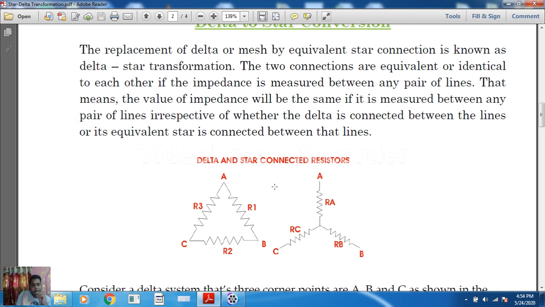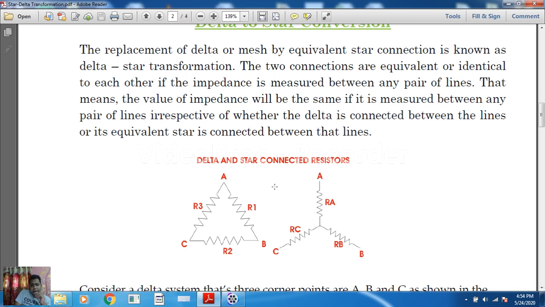Remember this point: when we convert a delta circuit into a star circuit, the delta values are given and we have to find the star circuit values. Correct?